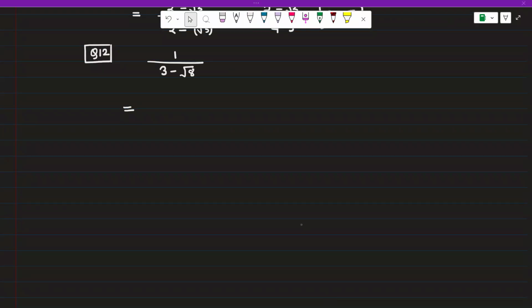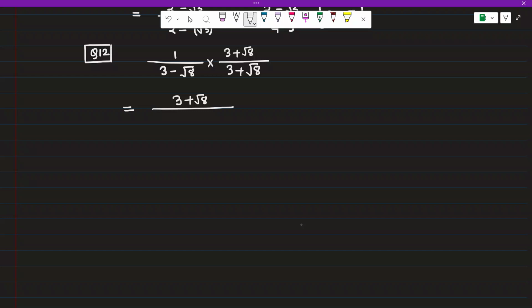To solve this problem, we multiply the numerator and denominator by the conjugate of 3 − √8, which is (3 + √8)/(3 + √8). So 1 times 3 + √8, keep the same.